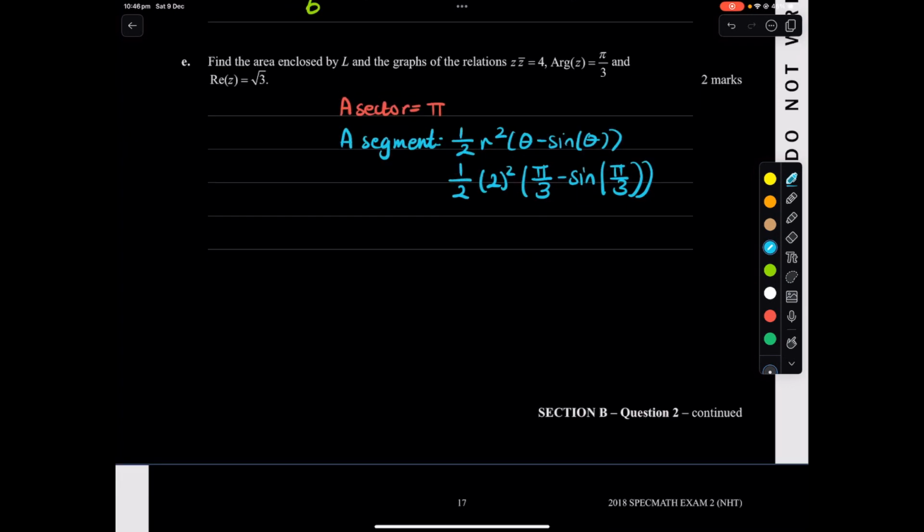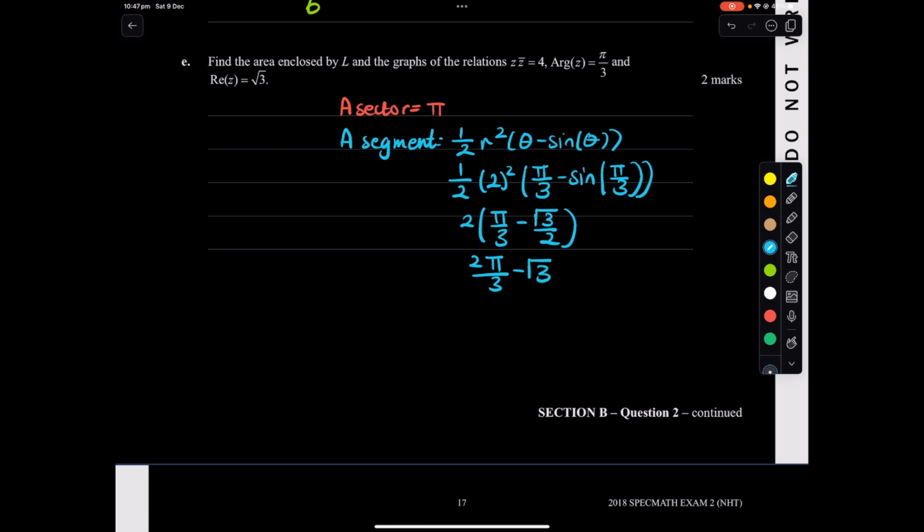So that's going to be 2 pi over 3. And sine pi over 3 is root 3 over 2. Is that right? Yep. And then it's going to be 2 pi on 3 minus root 3.